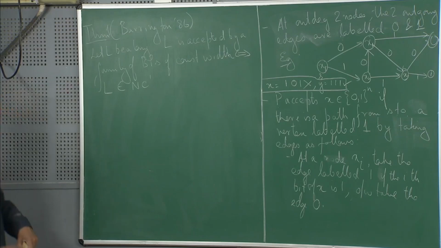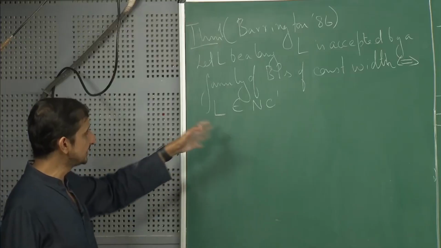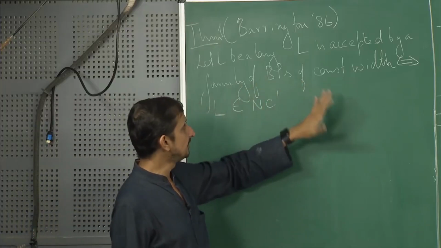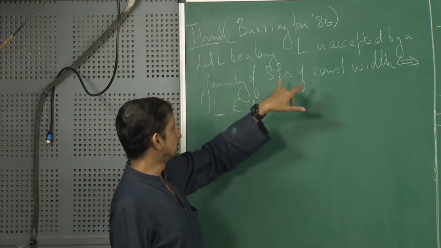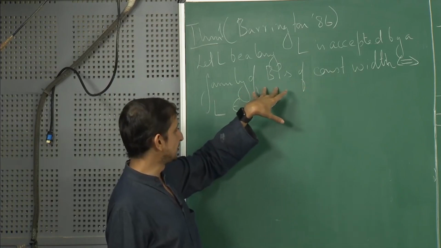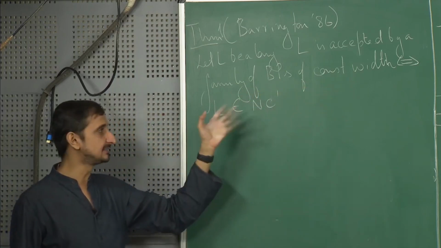Of course the forward direction is not very difficult to see: if L is accepted by a family of constant width branching programs, then L is in NC1.